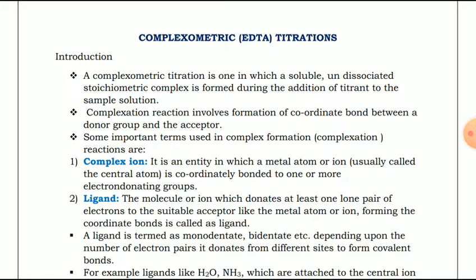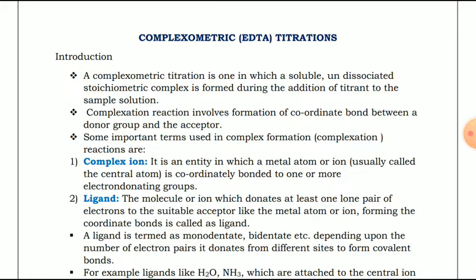Complexation reaction involves formation of a coordinate bond between a donor group and an acceptor group. In that case, between magnesium and the oxygen of the EDTA, what will be formed? The coordinate bond.